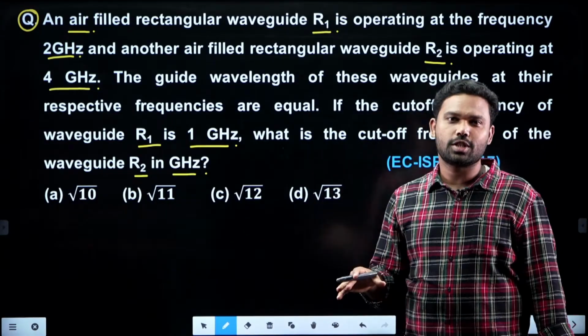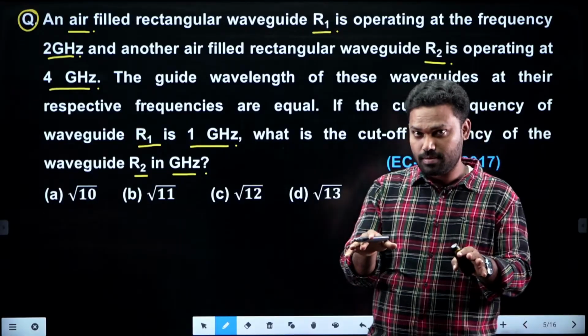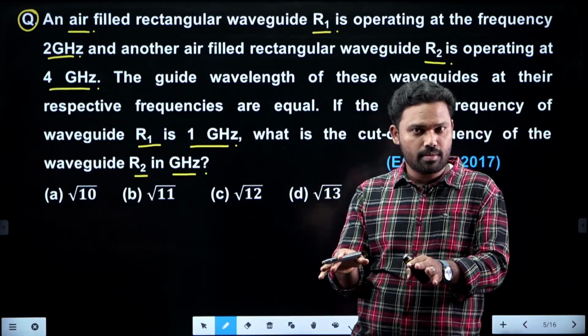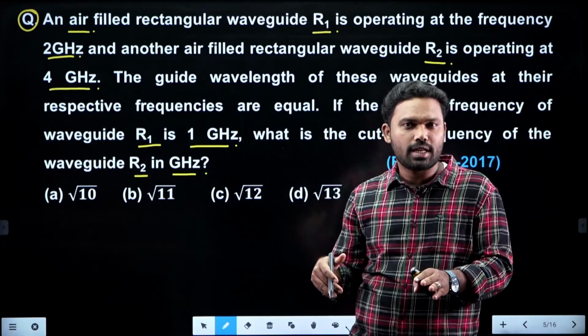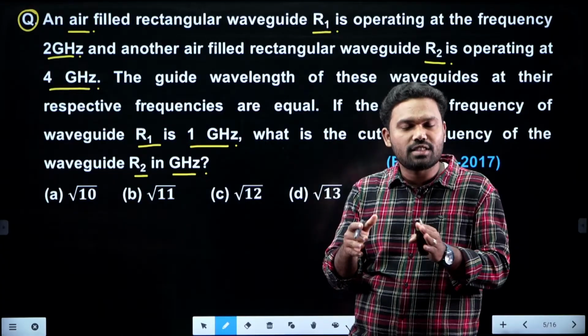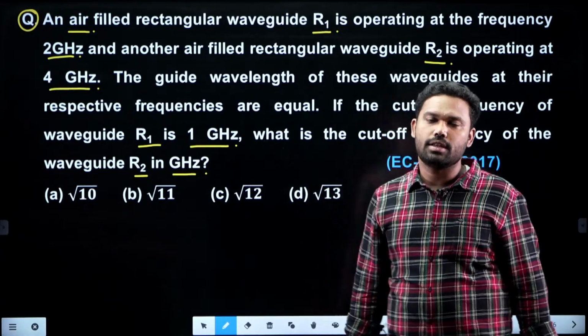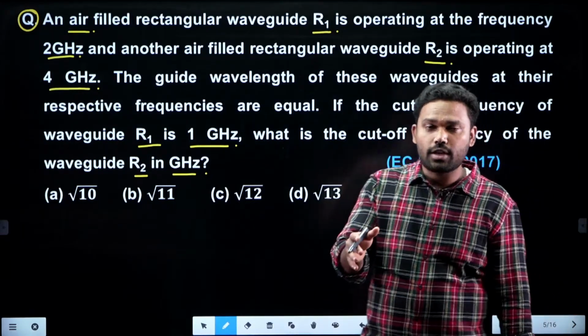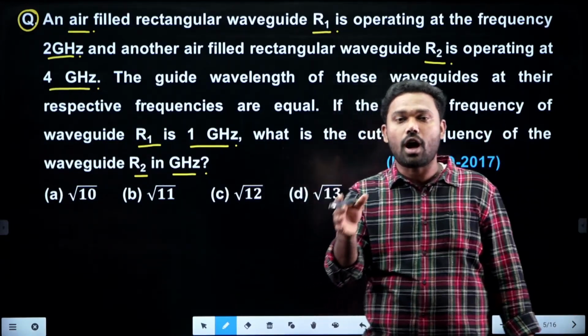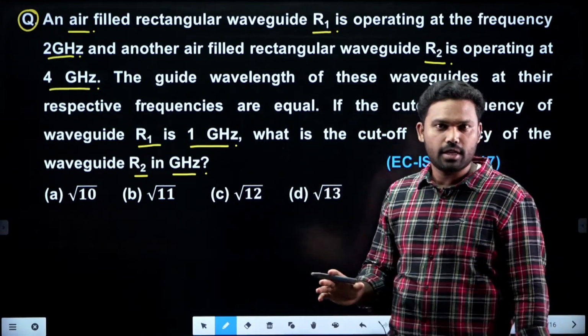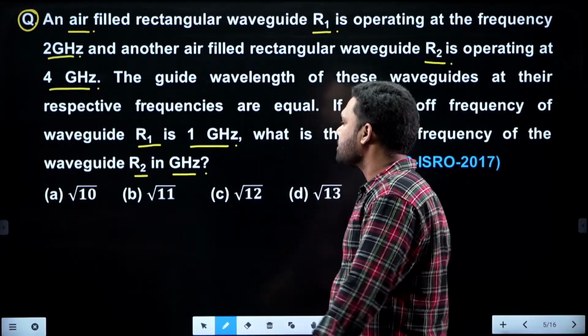Such theoretical questions were noticed equally in the ISRO paper. As far as electromagnetic theory is concerned, you will find around 6 to 8 questions purely from electromagnetic theory. Among that, 2 to 4 questions are theory based, which you can easily handle.